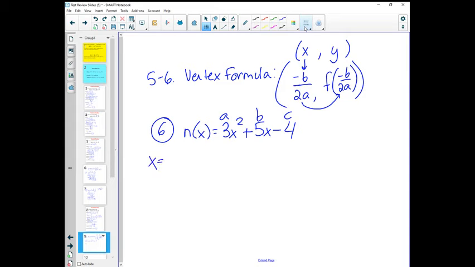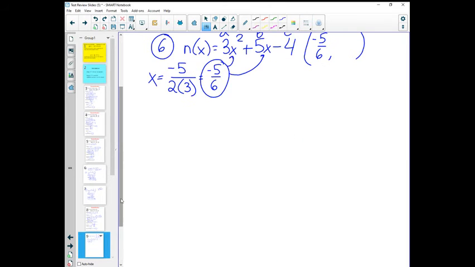To go find x, I'm going to plug in b as -5 over 2 times a, which is 3. 2 times 3 gives us 6 in the denominator. So the first value in the ordered pair is -5/6. To go find the y value, we're just going to take -5/6 and plug it into our function.